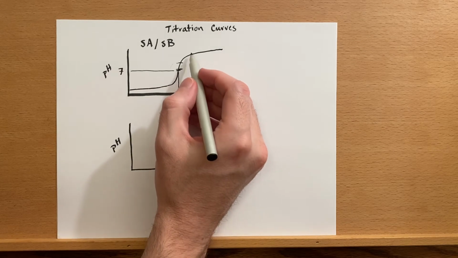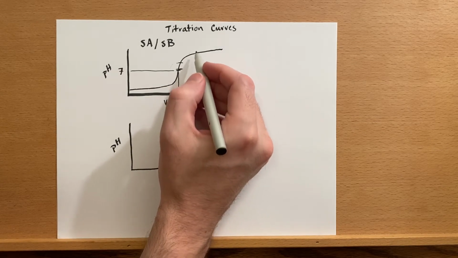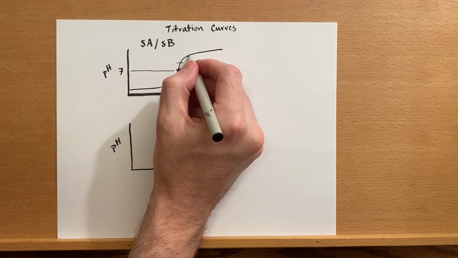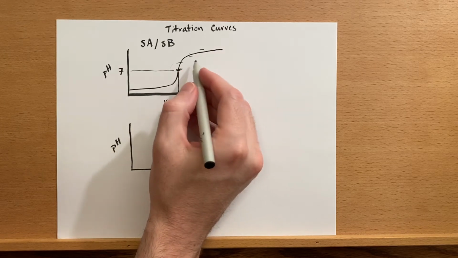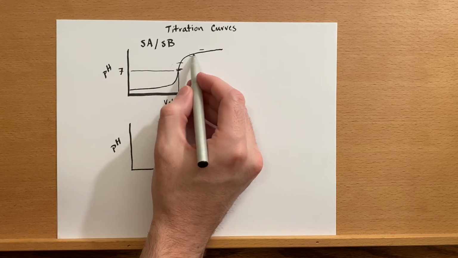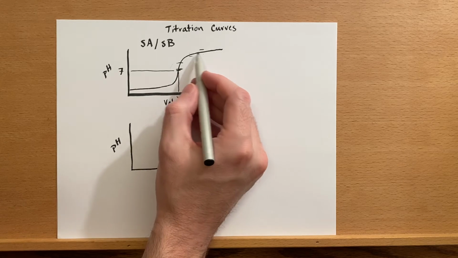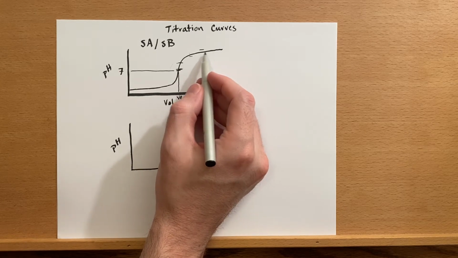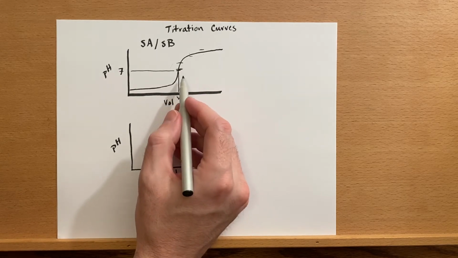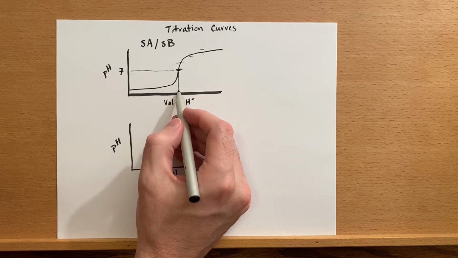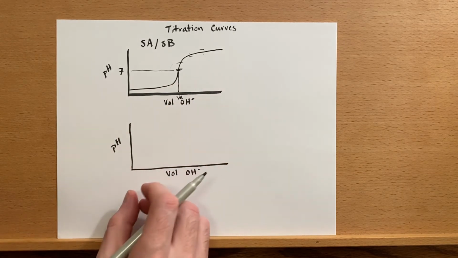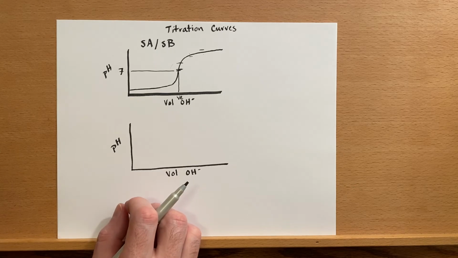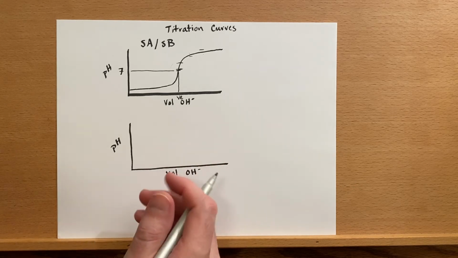We would not, for example, want the indicator to change over this pH, because it's a very large, wide range of volumes that it would take to get there, and it's also not very close to where the equivalence point is, which is actually what we want to measure. So that's just a little bit about indicator choice.